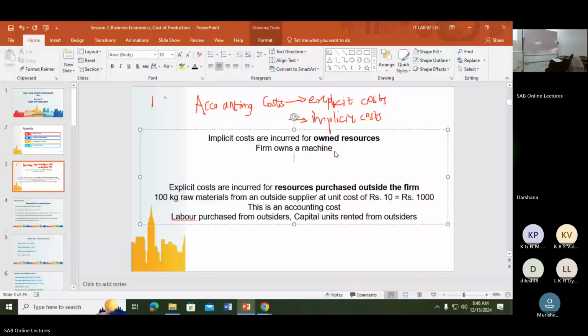So what is the cost of own resources in economics? That is the value of the next best alternative.